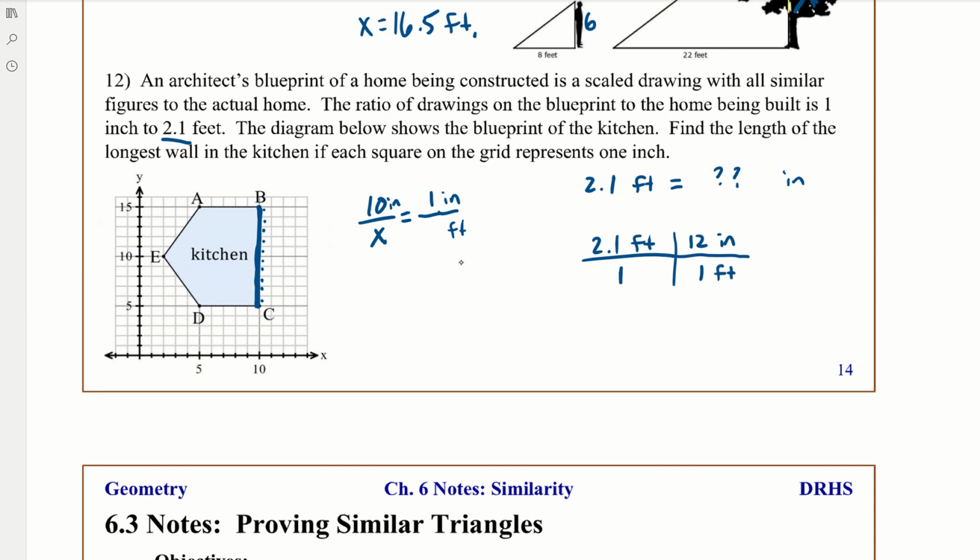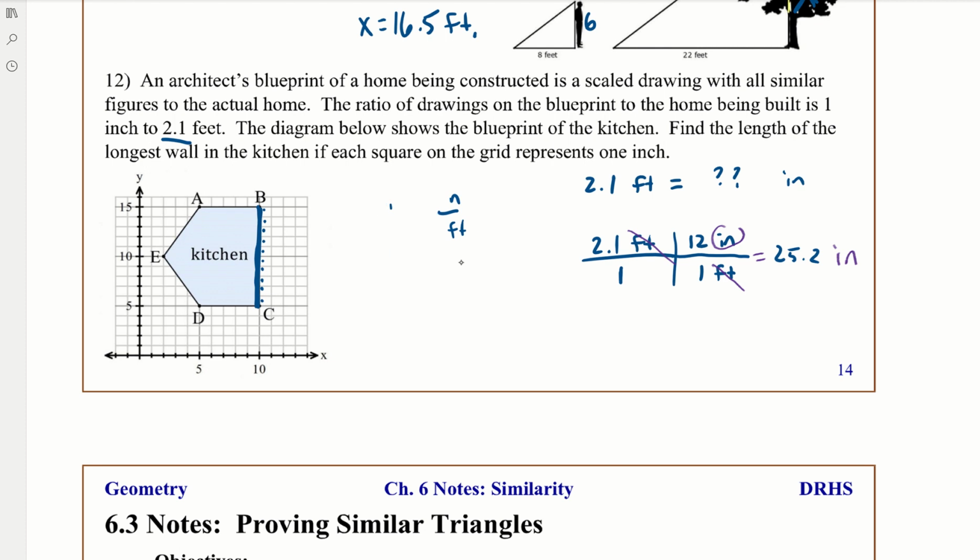That allows the feet to cancel, and I'm left with something in the unit of inches. So I'm going to take my 2.1 times 12, and that gives me that 2.1 feet is 25.2 inches.